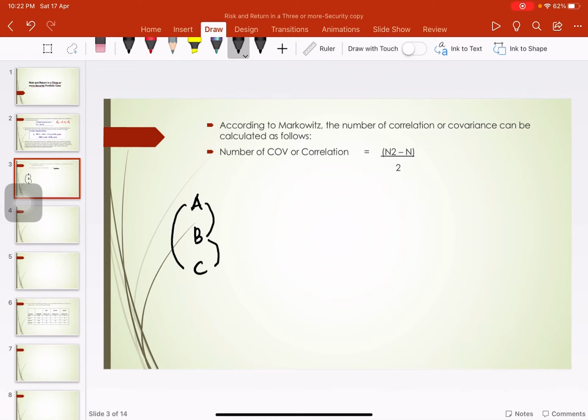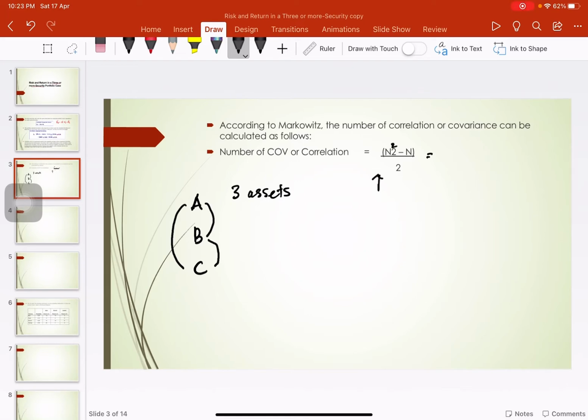Kalau kita nak test betul ke ada 3 correlations, we can use this formula. Let's say we have A, B, C, 3 assets. The number of correlations or covariances, berapa pasangan yang ada, is n squared minus n, divided by 2. Ini square, bukannya 2 besar tu.